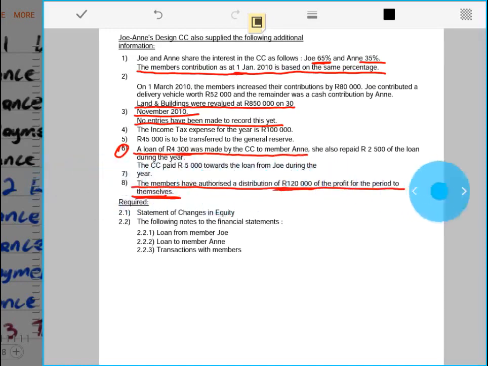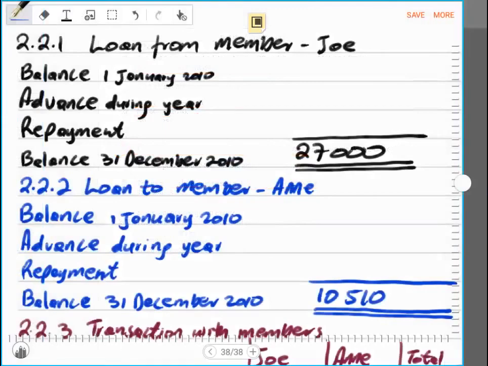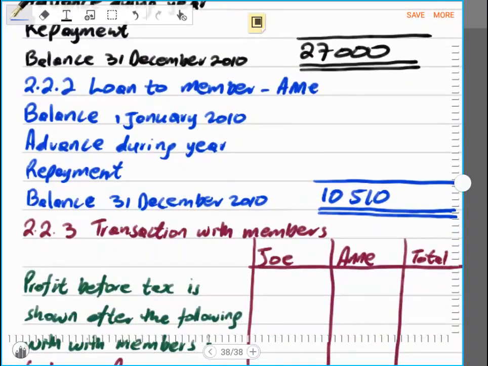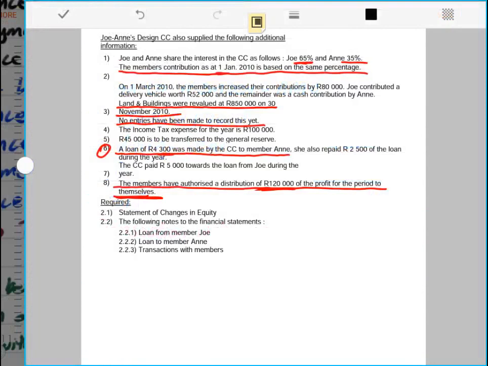Then we go to member N, we record 4,300 rands. We just change the color. Loan advance 4,300 rands. Then after we check the second part of the loan, I think there was a transaction that said there was a repayment. And it says she also paid 2,500 of the loan during the year.